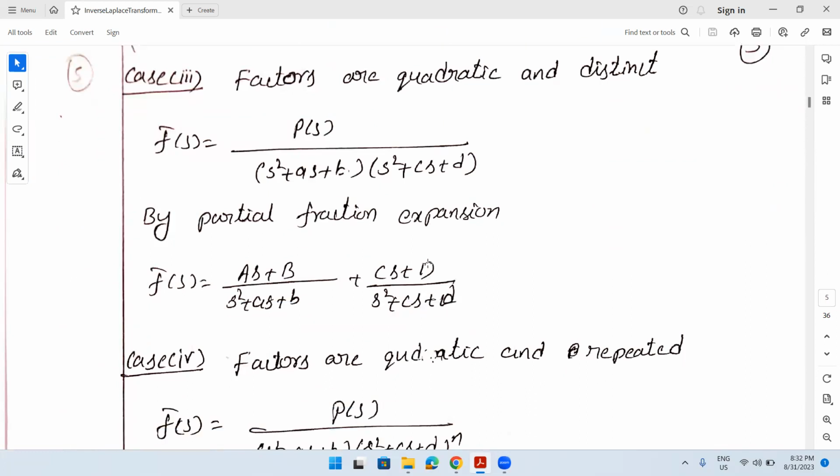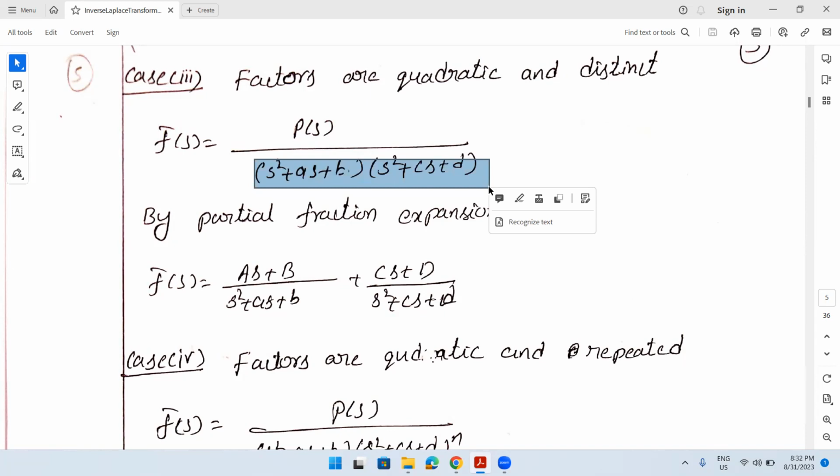In the third case, the numerator is any function or any constant, and the denominator is S square plus B, S square plus D. In the middle, we may or may not have the AS or CS term; we may simply get S square plus B and S square plus D. So the middle one is optional.